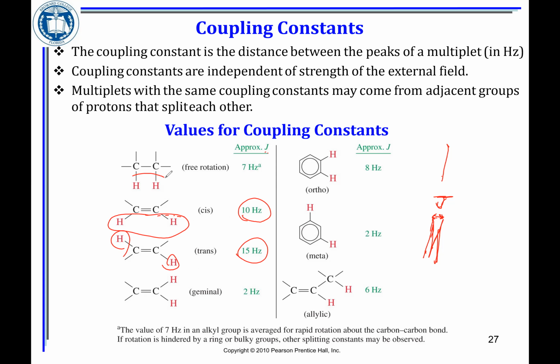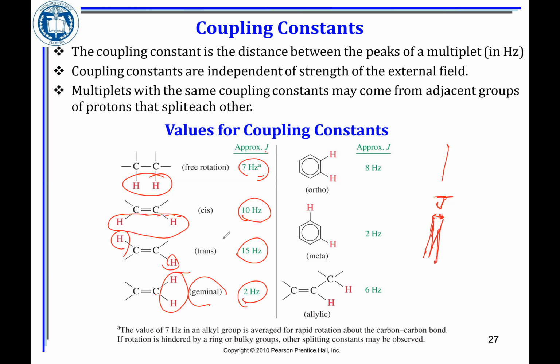If there is free rotation, this J value is normally about 7. If you have restricted rotation, like a cis, it's going to be 10. If it's a trans, it's going to be 15. If they are geminal, on the same carbon, they split each other, are classified as geminal, and the value is only 2.